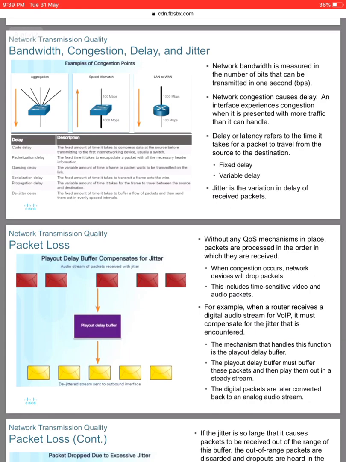So, for the bandwidth, congestion, delay, and jitter. So for the bandwidth, guys, bandwidth usage is the amount of data that an individual receives from a network per second.